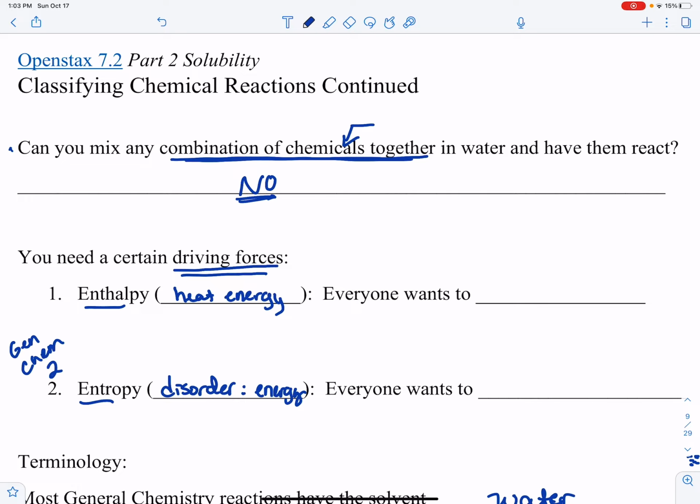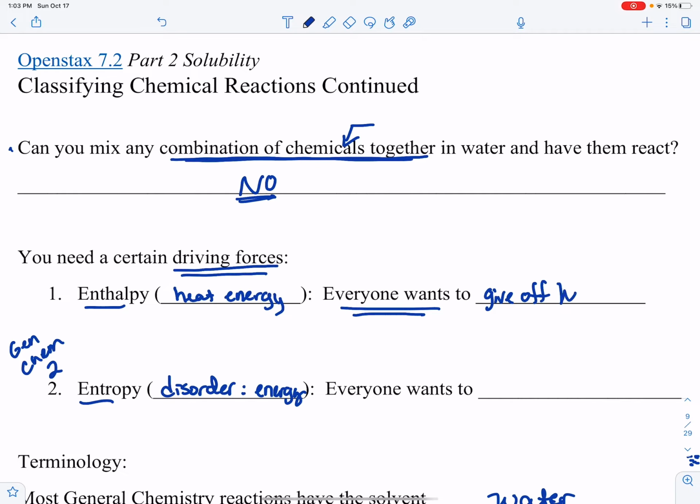These two things sometimes both work together and form a driving force, and then sometimes they fight against each other and one of them wins as a driving force. So these are called driving forces. If the enthalpy is the main driving force, it just means that everyone wants to give off heat.